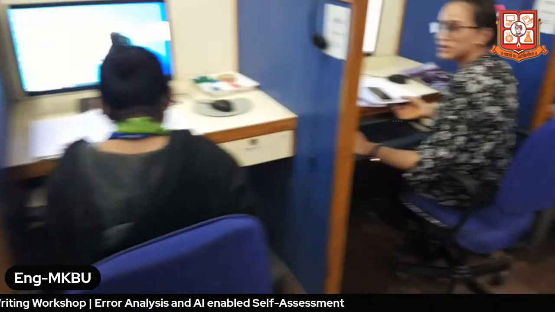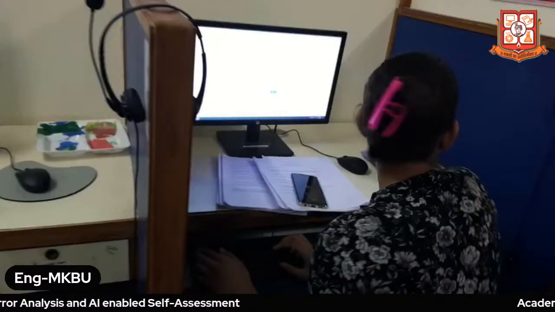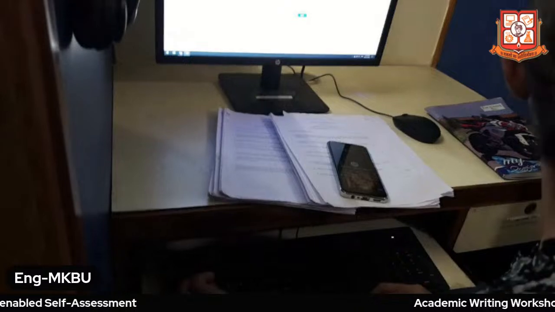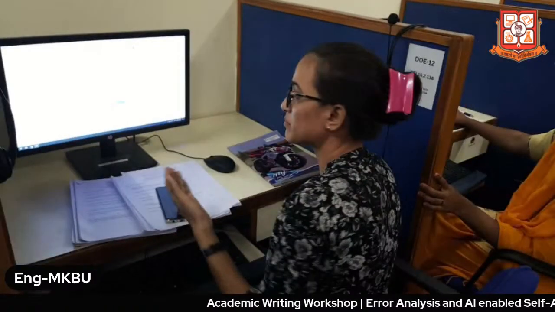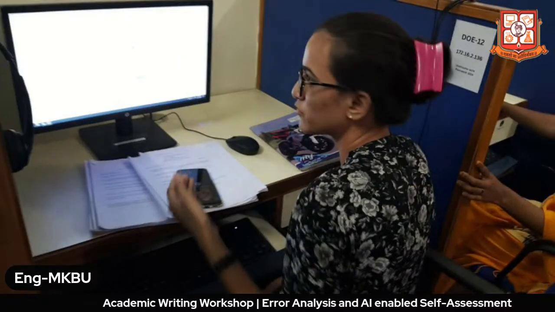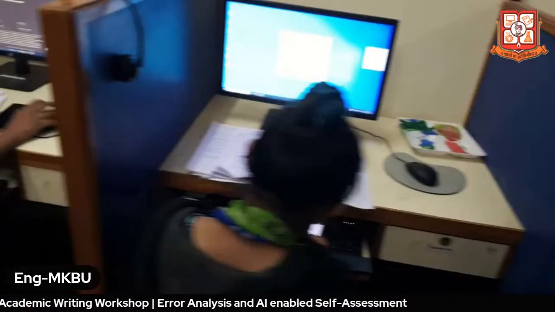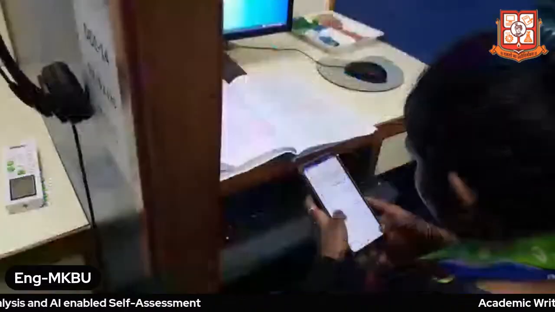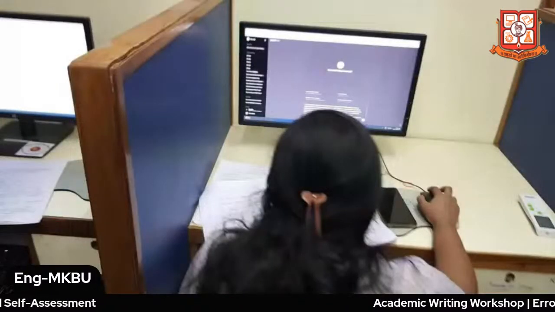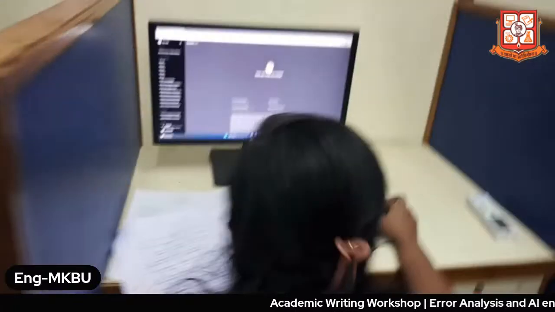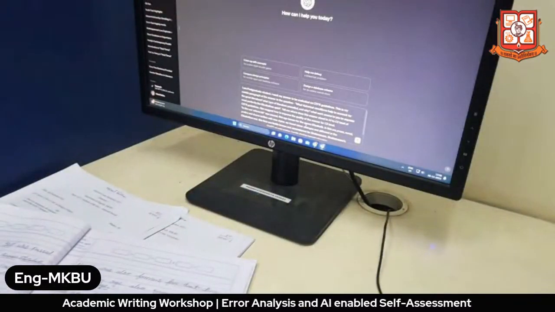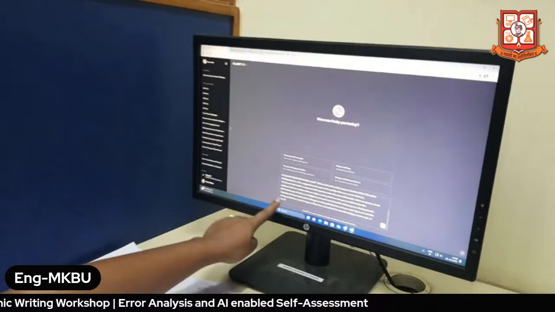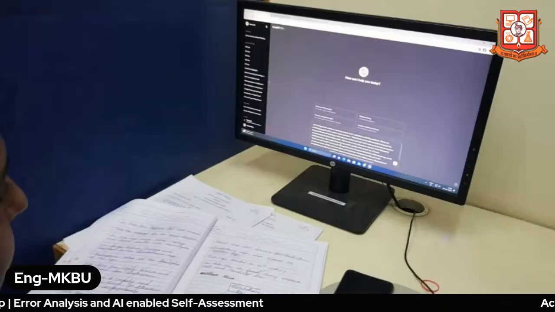But you can open the PC, no? Yes, I'm using the PC, but before, ChatGPT is not logging into my mobile phone. Yeah, but here you have to log into this. Here also you can log in. Have you not worked ever on a laptop? Response. Yeah. You have given your answer also? Yes. Okay.